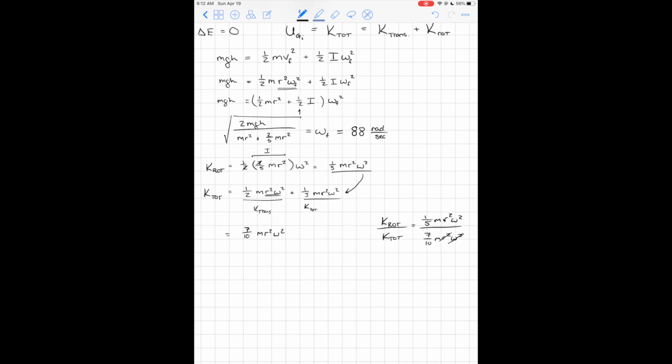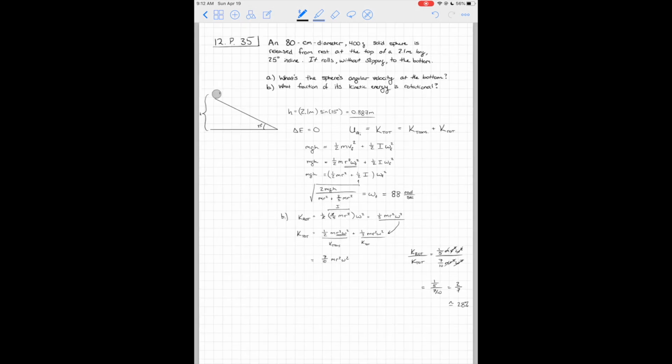So omegas are going to cancel, r's are going to cancel, m's going to cancel, right? And I'm left with 1/5 over 7/10. That actually turns out to be 2/7, which is approximately 28%. So 28% of the total kinetic energy of this thing is locked up in the rotational aspect of it. The rest of it is going to be the translational kinetic energy.